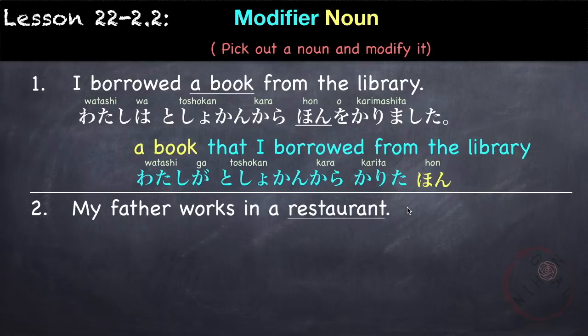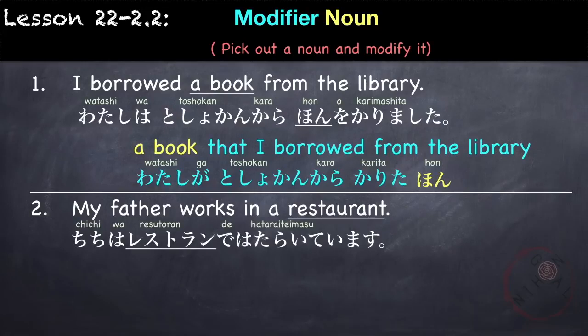Another example, in the sentence, my father works in a restaurant. 父はレストランで働いています。So from this sentence, we're going to pick out the noun restaurant and describe it based from the information. So what kind of restaurant is it?